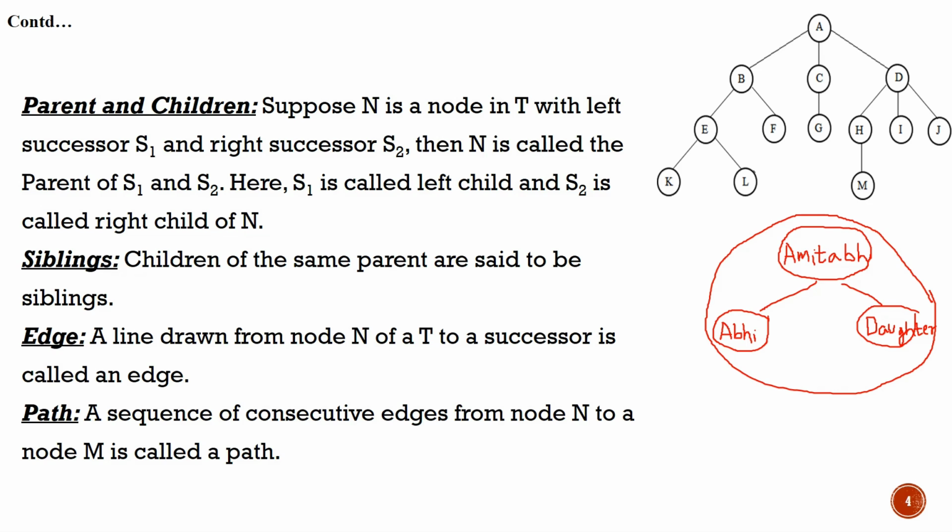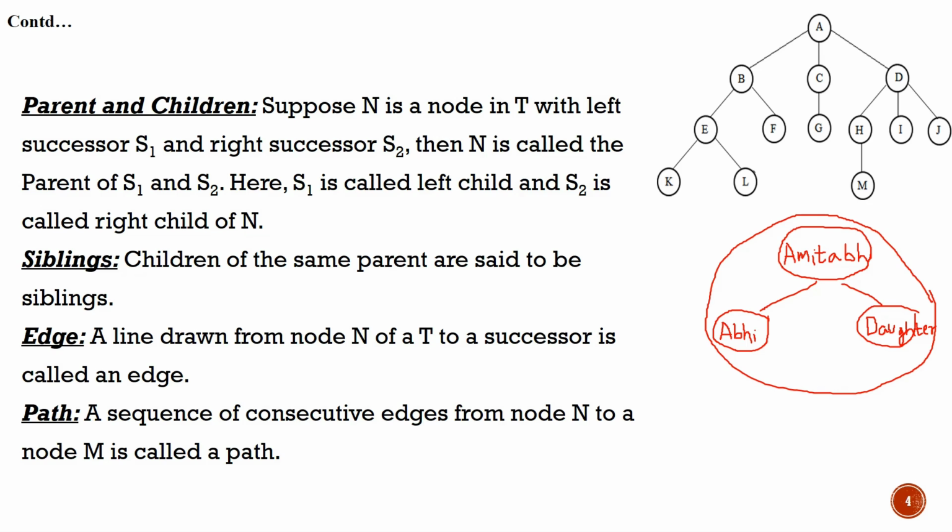Similar to the Amitabh Bachchan case, Abhishek and his sister are the children of Amitabh. In other words, Amitabh is the parent of Abhishek and the daughter. Next, Abhishek and his sister will be termed as siblings.